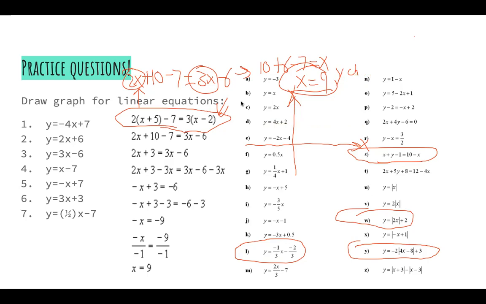So actually I made a mistake. Actually there is no change in x instead of y. So no matter what the y is, the x is always 9. So we find the easiest point, like x equals 9, which is 9, 0. So we draw a vertical line that is straight since no matter what value y is, x is always 9.